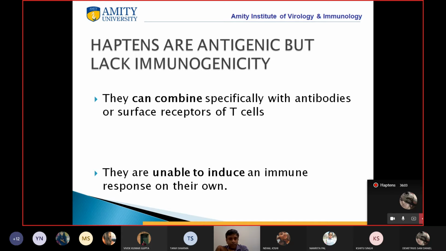They can combine specifically with antibodies or surface receptors of T cells, but they are unable to induce an immune response on their own. Haptens basically escape the immune system, and that's why they are called incomplete antigens.